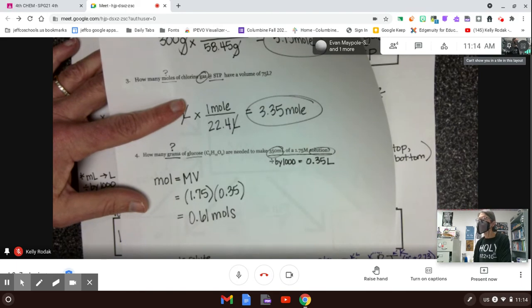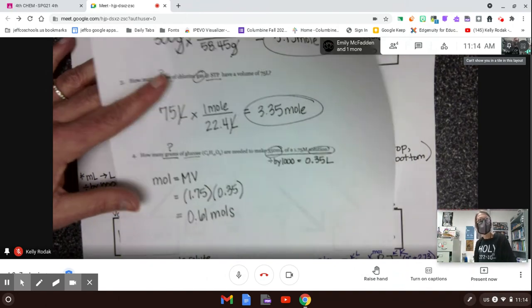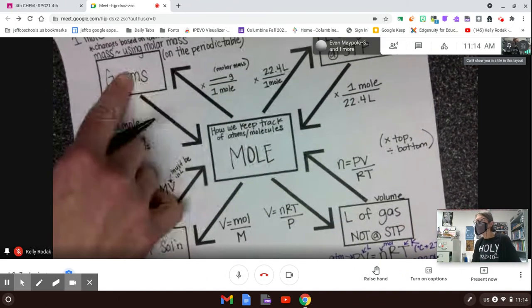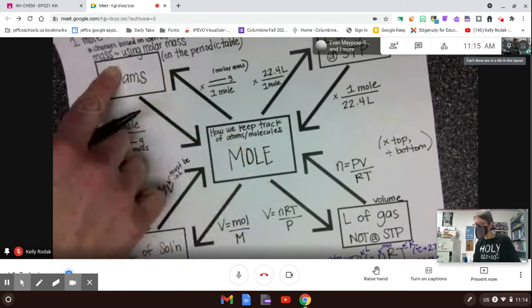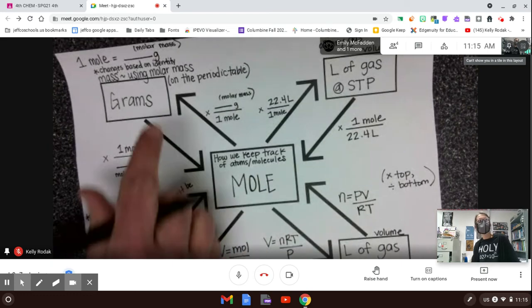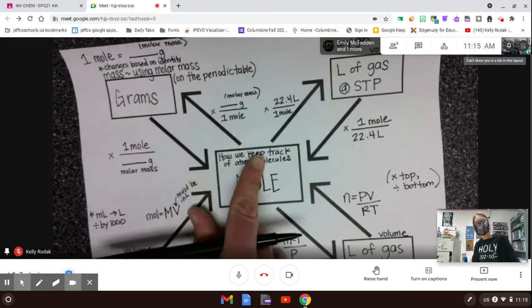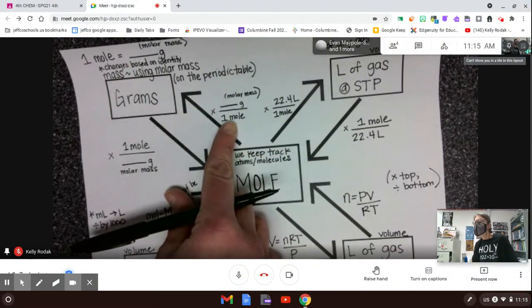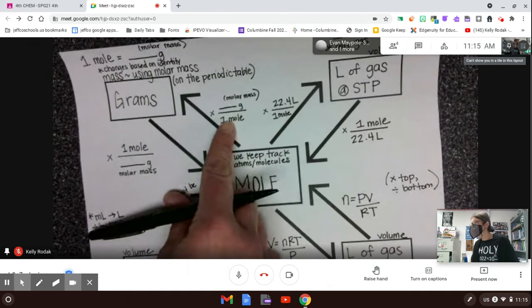No, that only got us to the center of the map, but it asked for grams, so we need to go one more step. We need to go from the mole out to the gram. What do I have to know about my substance in order to go from the mole to the gram? The molar mass, right? And when I do that, you can see here, according to the map, that I'm going to multiply by the molar mass over 1 mole.